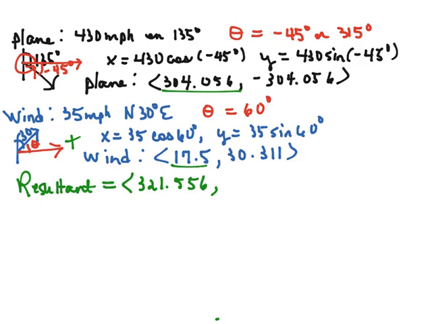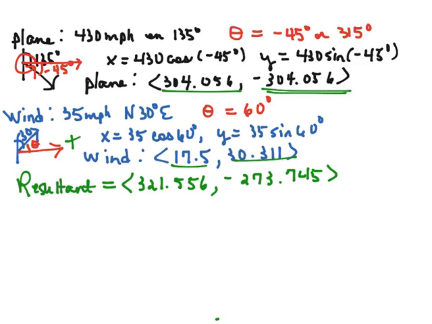If we do the same thing for our y component, we take negative 304.056 and add that to the wind, 30.311, we'll end up with negative 273.745. So this is the resulting vector of the plane with the wind added to it.